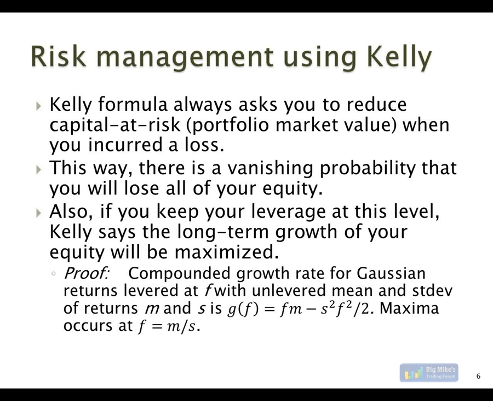I won't derive it for you, but it is the compounded growth rate of a return series that is randomly distributed, with a Gaussian distribution, a mean of M, and a standard deviation of S. If the random return series has these two characteristics, then the compounded growth rate is given as G of F, as displayed.